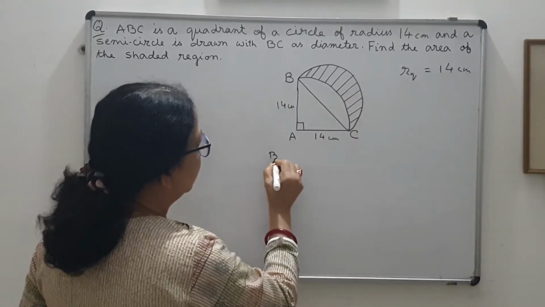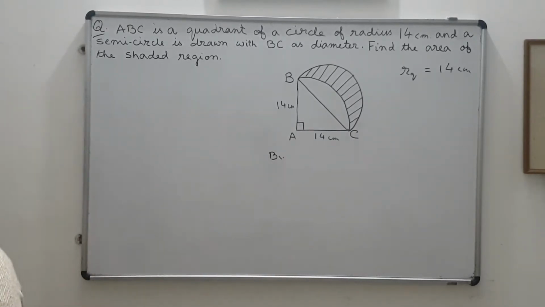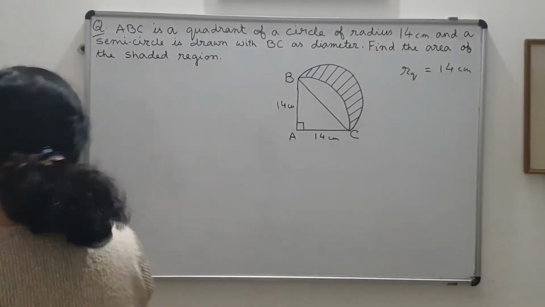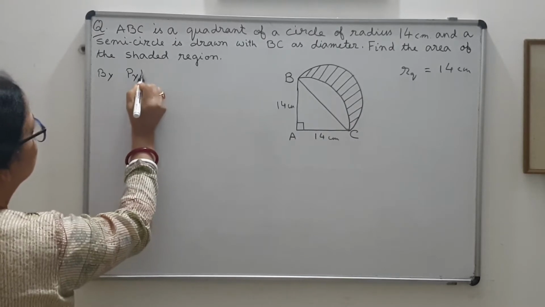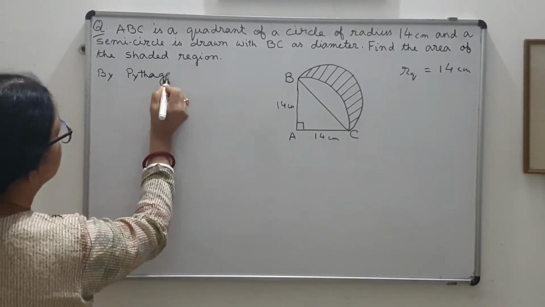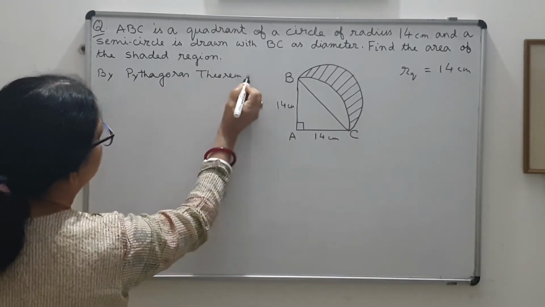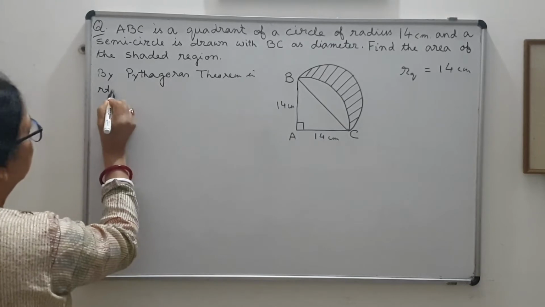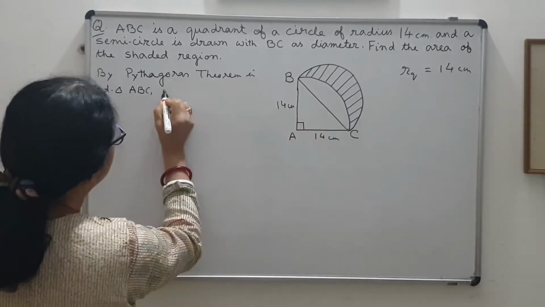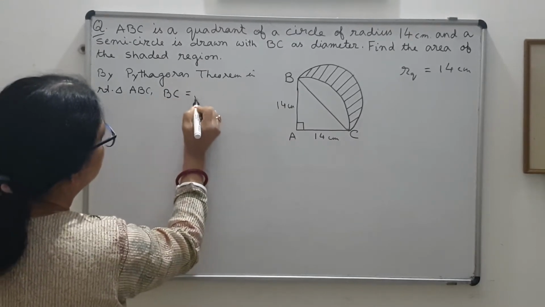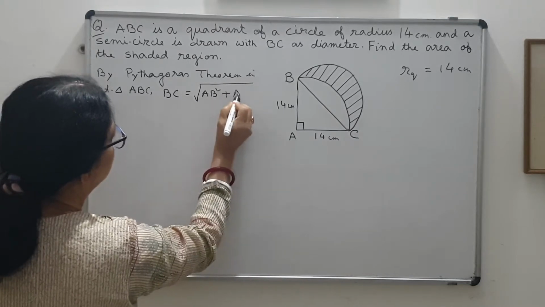So by Pythagoras theorem, in right triangle ABC, this BC will be equal to under root AB square plus AC square.